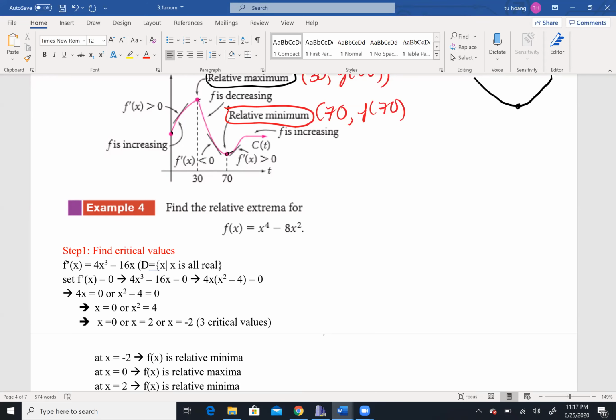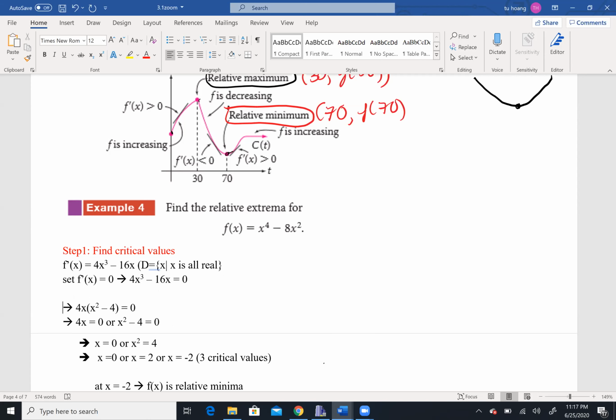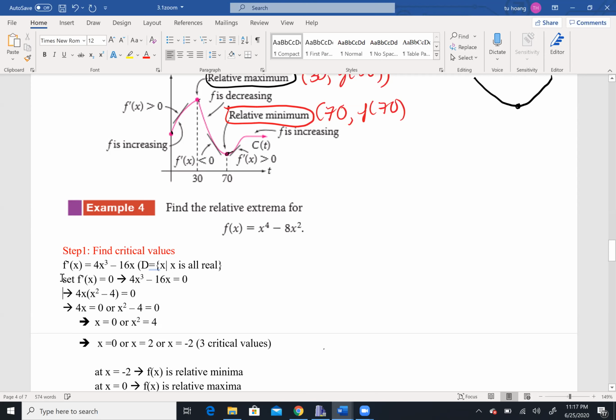And then for this one, I always have to think about, can I factor this expression? I know that 4x is the greatest common factor between these two terms. So I'm going to factor out 4x, and then I'm left with x squared minus 4.